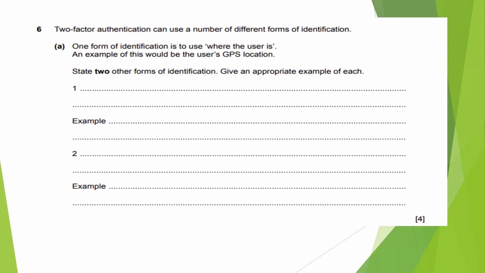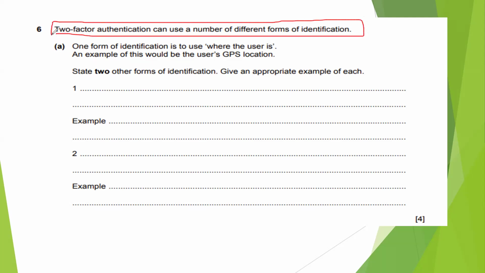Can you at least explain what the question means? It says two-factor authentication can use a number of different forms of identification. Like when you open your Gmail account on a different device, Gmail will send you a code on your mobile.